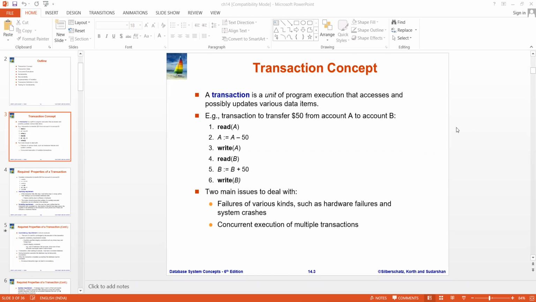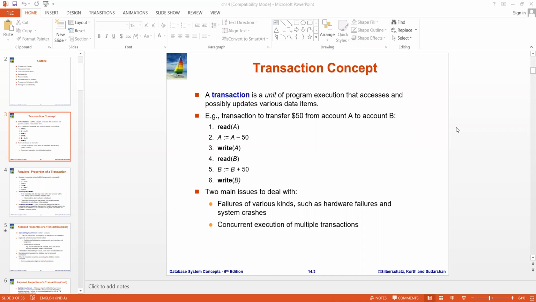What happens when you take out the amount? You had the read operation, the system crashes. What will happen? It will not go into the system. Disaster. So that means the transaction. What was the transaction? These all 6 statements are a part of one transaction. So it is a unit of program execution.